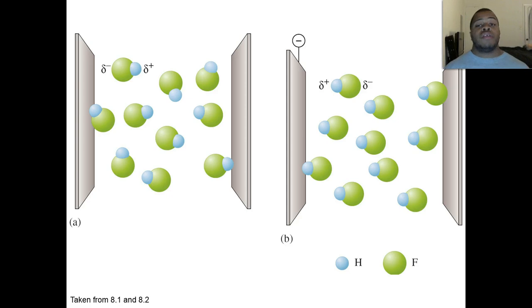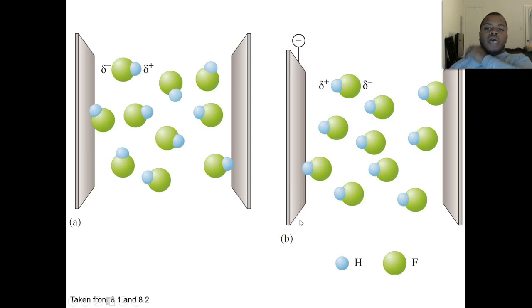Now, how do we know that something is polar? Well, if we have this compound, which in this case could be like our hydrochloric acid, it has a slightly negative and slightly positive end to it. Now, if we put this in a charged system, notice we have our charged plate here, all the molecules, this hydrofluoric acid, all the particles begin to line up a certain way, with the slightly positive ends towards the negative side and the slightly negative ends towards the positively charged plate.